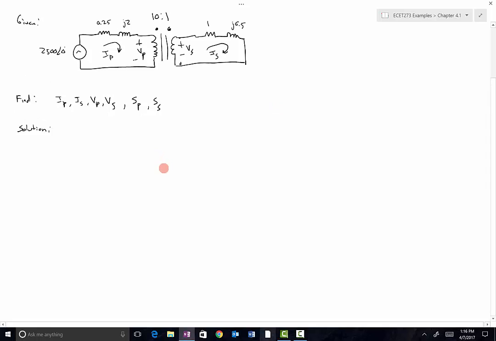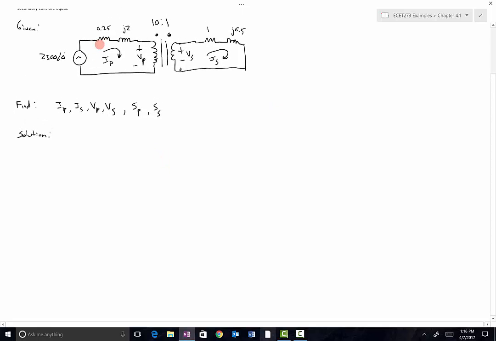We'll solve a KVL here, and then we'll relate the two together via the turns ratio. So starting on the primary side, we can see that the primary current enters these two devices. So there's a voltage drop associated with these as compared to the source, and then there's a voltage drop across the primary coil of the transformer.